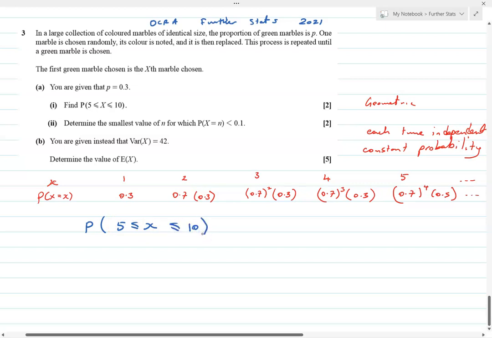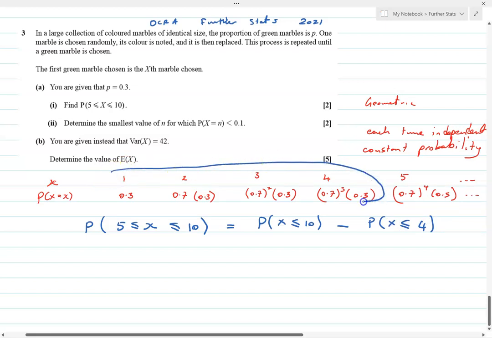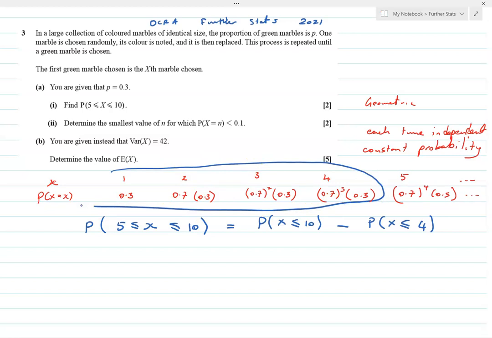In order for that to happen, that's actually the same as the probability of x being less than or equal to 10, take away the probability of x being less than or equal to 4, because it's all of the ones up to 10, but taking out 1, 2, 3, and 4, which are not within the range we're looking for. So it's 5, 6, 7, 8, 9, 10.